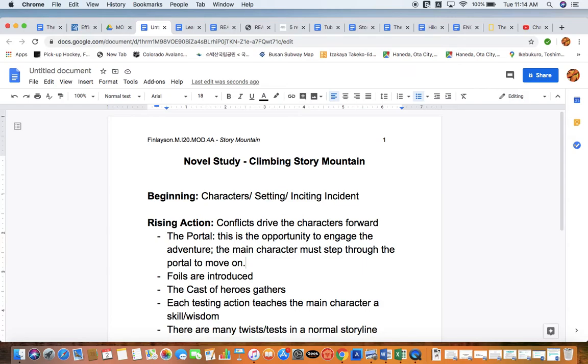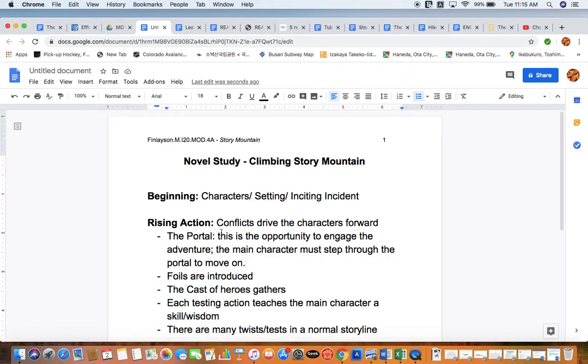So there's always this moment of choice, and the portal is that moment of choice. Now, this novel study device, the portal, is classic within mythological stories. So you should always have your eyes open for this moment of choice, essentially this moment of your old normal life or this new adventurous life, and you've got to move through the portal in order to progress the story.